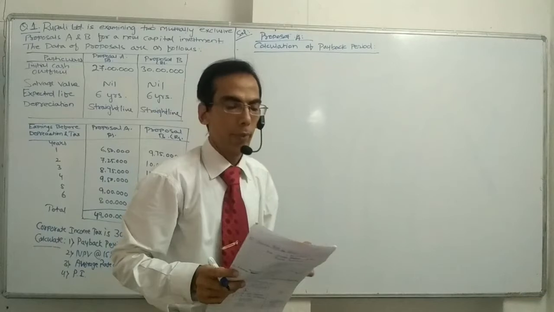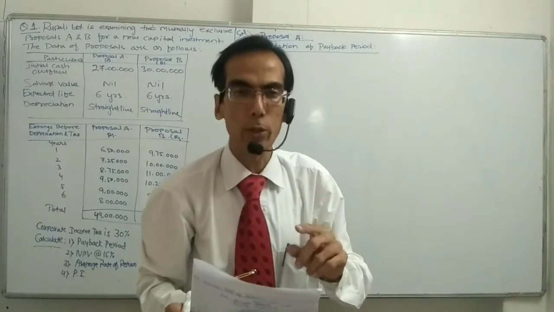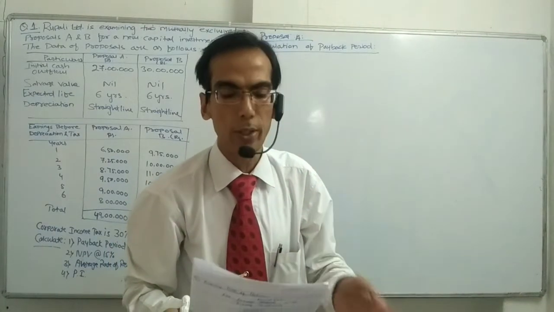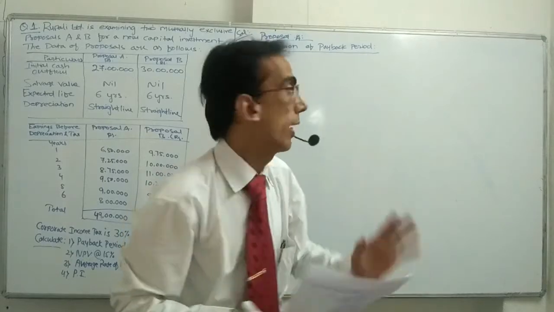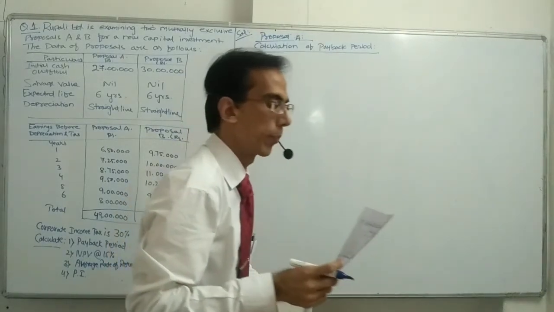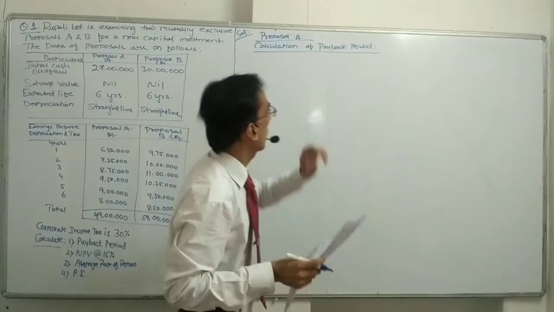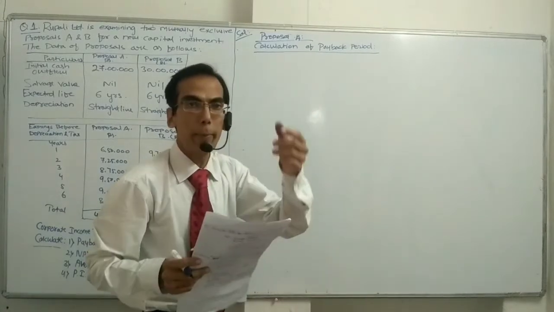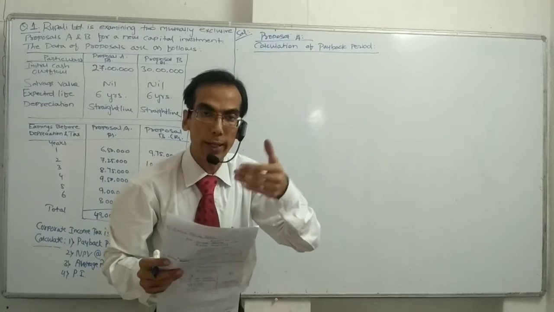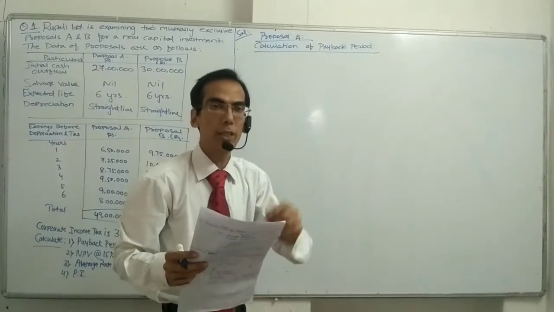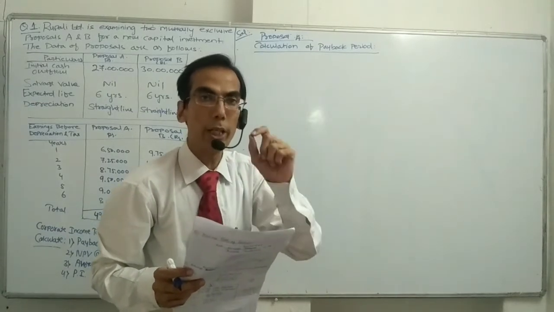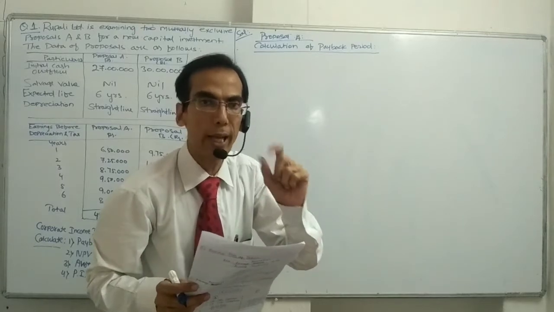If you are not clear regarding payback period, you can watch my previous videos and solve that problem first and then come over to this problem. Now, the cash inflows are uneven. When cash inflows are uneven, we need to calculate cumulative cash inflows.